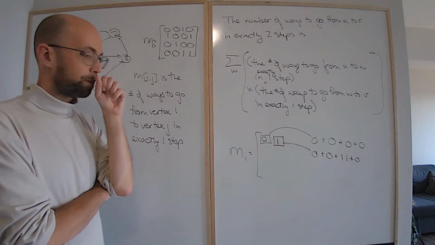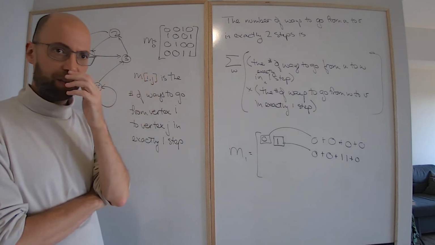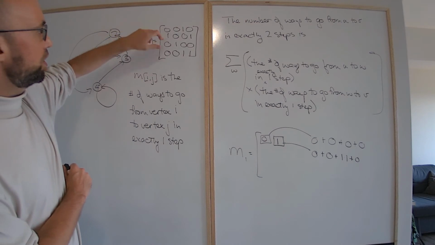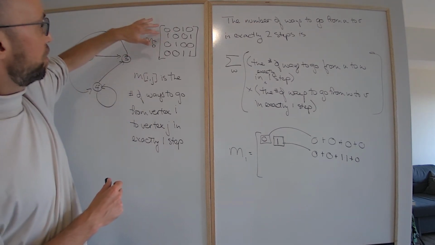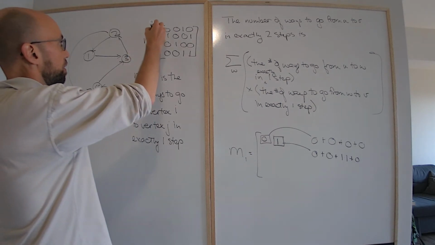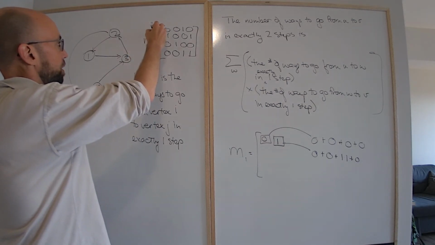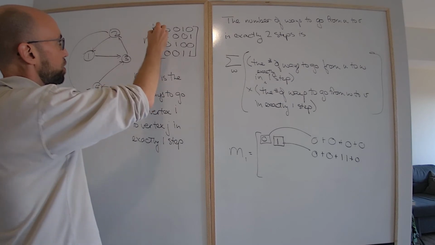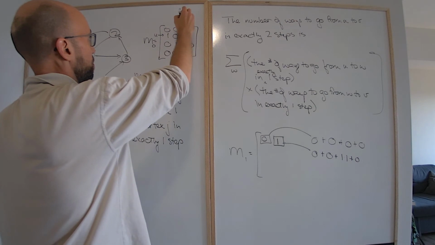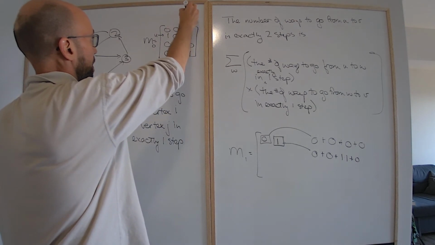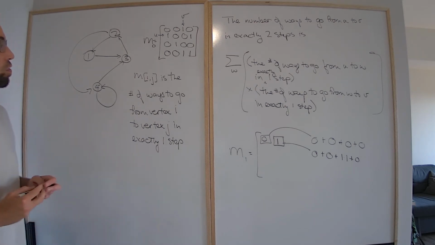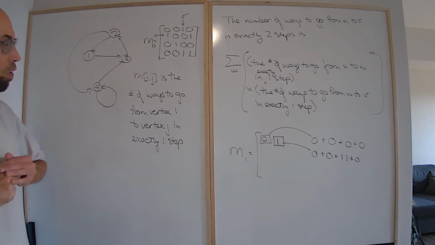If we think about it, all these times when we're summing over W, it's kind of painful to do that manually. But you're actually saying, the number of ways to go from U, so let's say 2 represents U, and you want to count the number of ways that go to V, which is this column, but you want to do 2 steps.